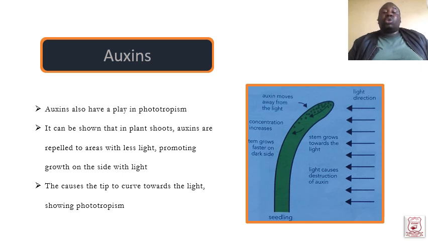So if more growth is going to go in the area where the auxins are, in the area where there are no auxins, there's not going to be any growth. So the plant is going to grow bending towards the source of light. We call this positive phototropism, and this shows how light can affect plant growth when auxins are exposed to light.